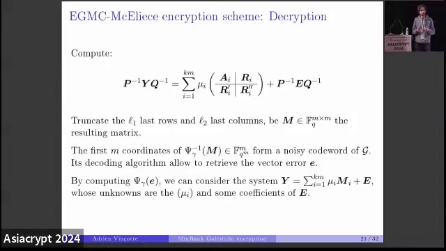So we just have to truncate the L1 last rows and the L2 last columns, and we obtain a resulting matrix M. By computing the inverse of the application psi gamma on this matrix M, we retrieve a noisy codeword of J. So we can apply the decoding algorithm of Gabidulin codes to retrieve the error E, and then by solving a linear system, we are able to retrieve all the coefficients of mu.